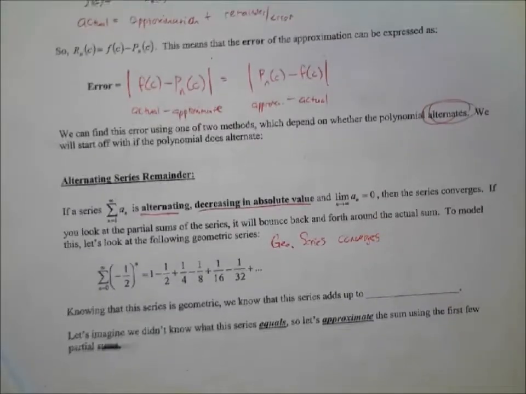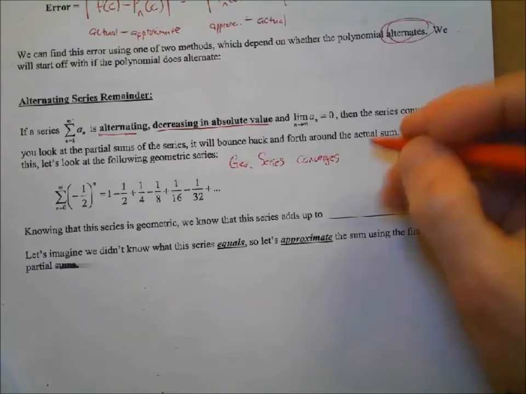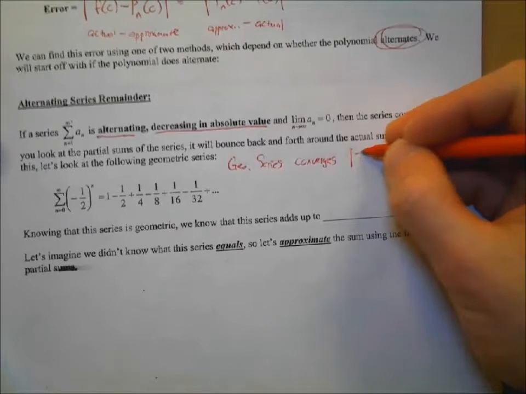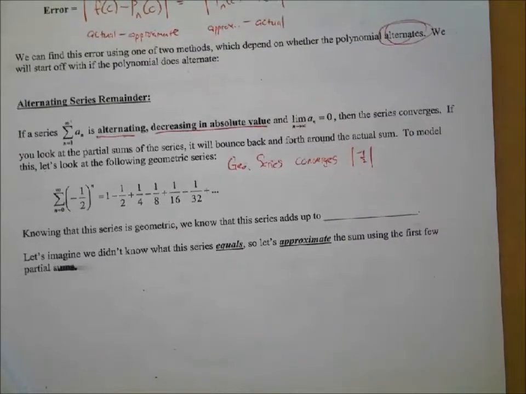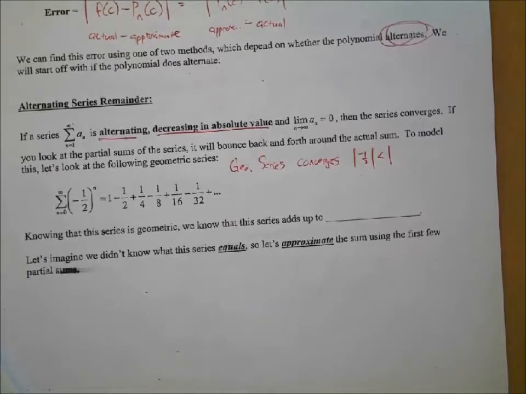Because why? The common ratio here, what is the common ratio? It's -1/2, but we can use the 1/2 because it goes in the absolute value. The absolute value of -1/2 is less than 1, so we know that. And because this is a geometric series, we further know what the sum is going to be.